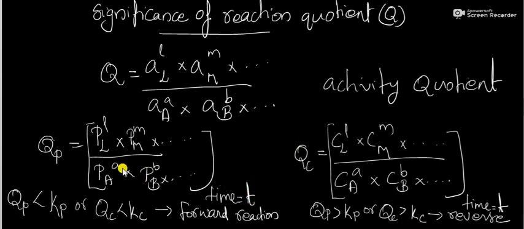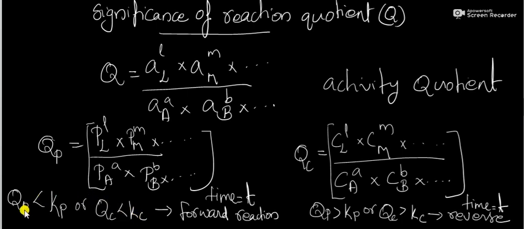Then when we compare QP and KP or QC and KC, that study will help to predict the direction of a reaction.